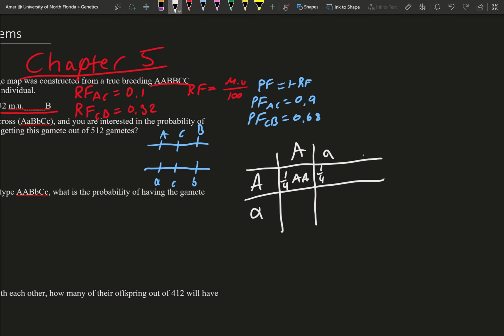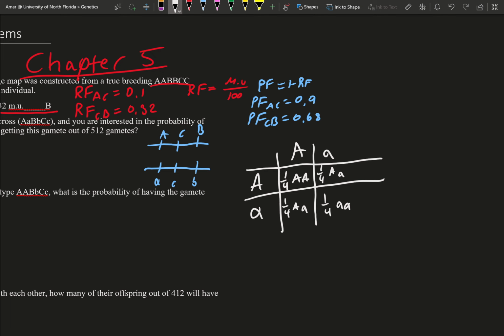To get this big A, little a here is 1/4, and then 1/4 for little a. Now the question is, how do we actually know that we're getting a 1/4 chance of big A, without just telling me that there are 4 squares there and only one possibility out of those 4 squares, right?